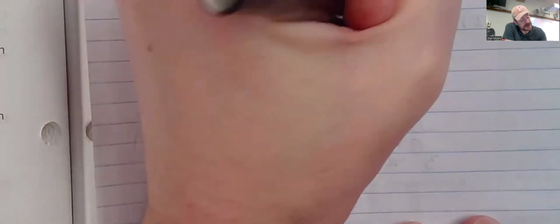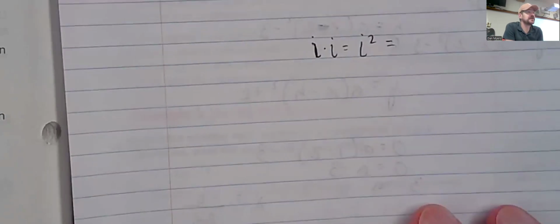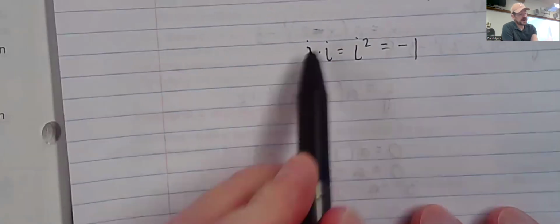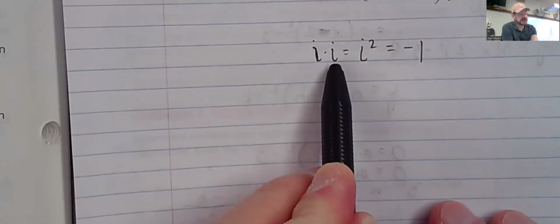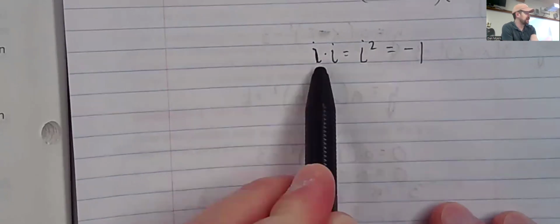Your answer would be no, because if you multiply i times i, you get i squared, which is what? But remember what i squared equals? -1. So if you multiply imaginary numbers, you can get a real number. So multiplying two imaginary numbers does not guarantee that you end up with another imaginary number. Therefore, it is not closed because you end up with a different element when you multiply them.